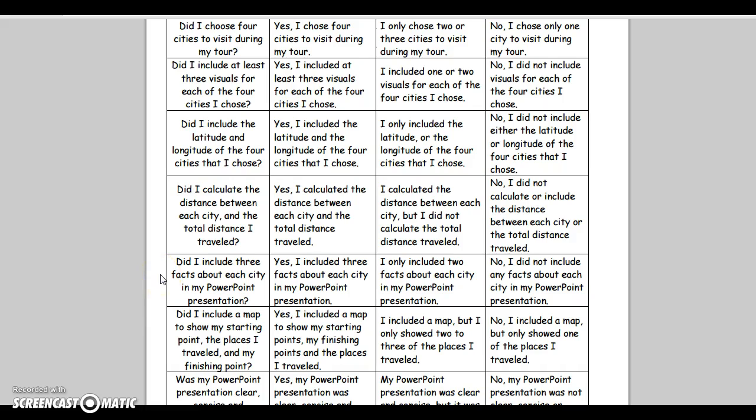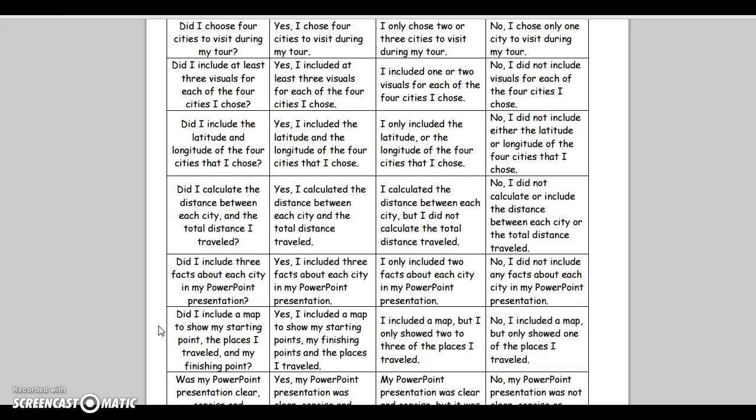Include 3 facts about each city. So you not only have the 3 visuals, but you also have 3 facts. The 3 facts could be under the visuals. They could go together, just as long as you have 3 facts and 3 pictures. Did I include a map to show my starting point, the places I traveled, and my finishing point?